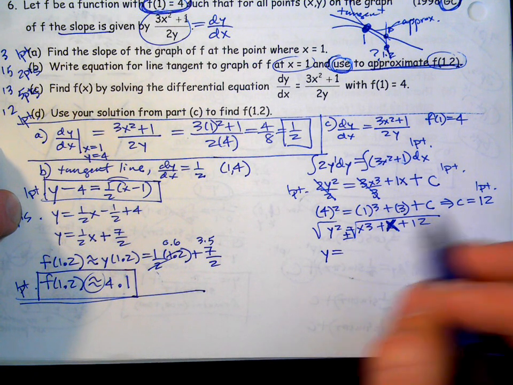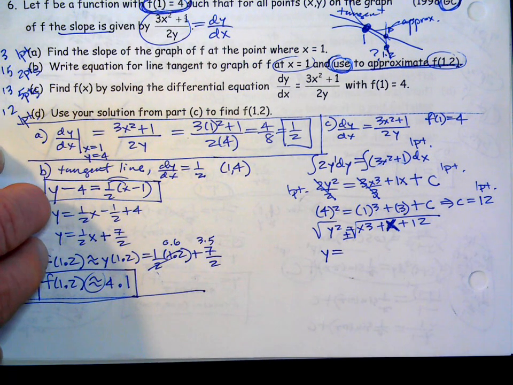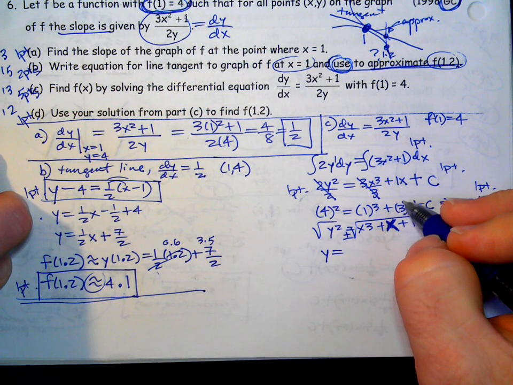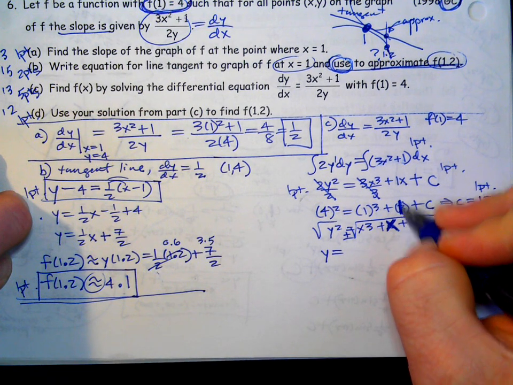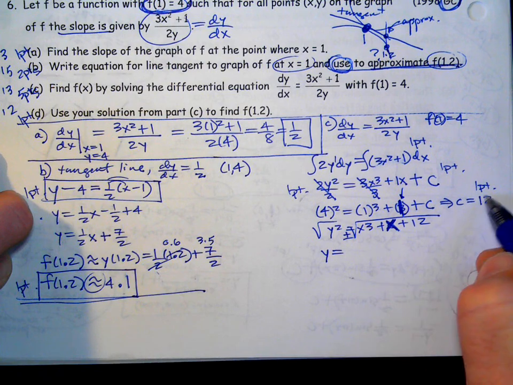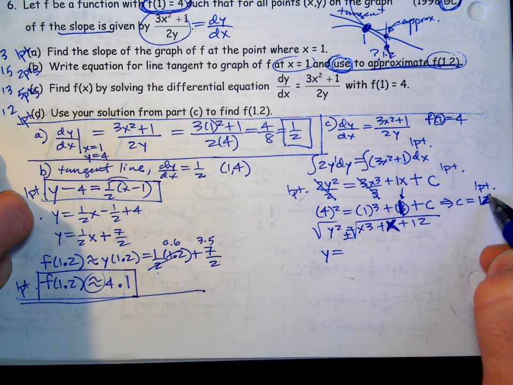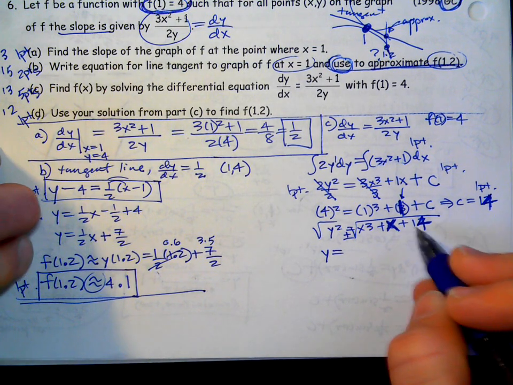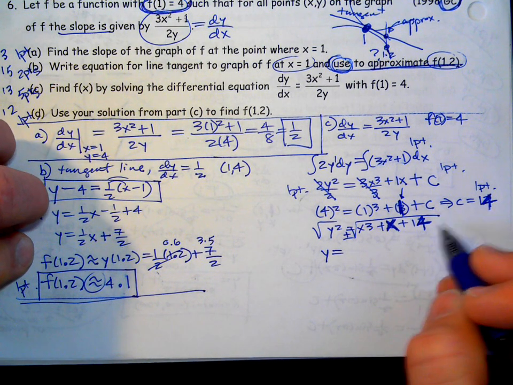I've done this a couple of times, where I go to figure something out and realize there's a mistake. I think my mistake was I plugged a 3 in for the x here for some reason. It's supposed to be 1, so this should actually be 14. I would have lost that point, but I could potentially get the rest of the points if I did everything correctly off of that error.